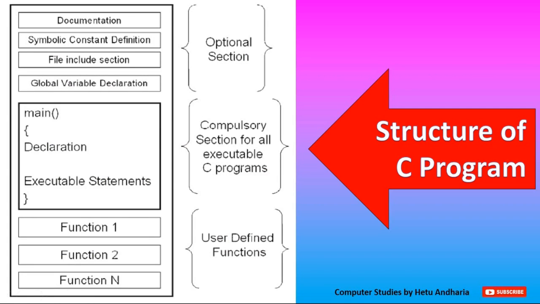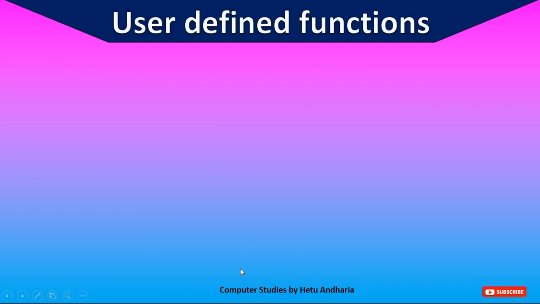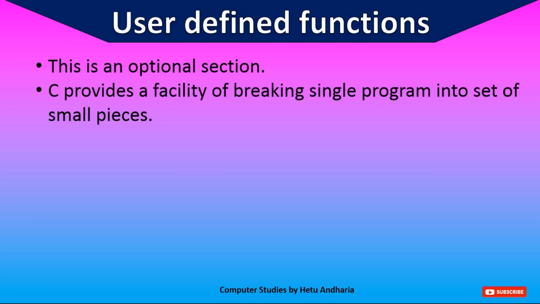Now we come to the user defined functions. It's not properly explained in your textbook, so I will explain you properly this thing. User defined functions. This is an optional section that is also not given in your textbook. C provides a facility of breaking single program into a set of small pieces.